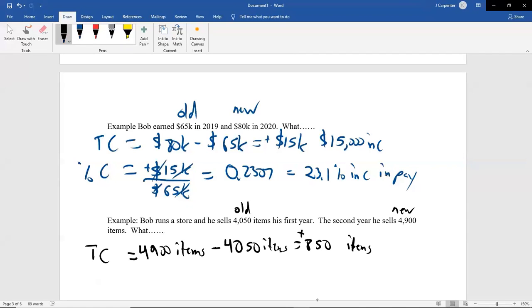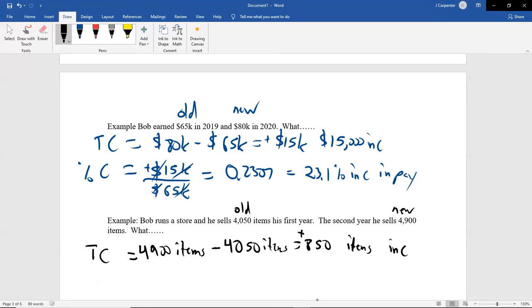As I said, writing this by hand, we tend to like to see the plus in this course. When you put in your answers in MyMathLab, you probably don't want to be putting that plus in now. So that was an increase in the number of items he sold. I'm not saying he made more money. I'm just saying he sold more items. What do you mean more items?